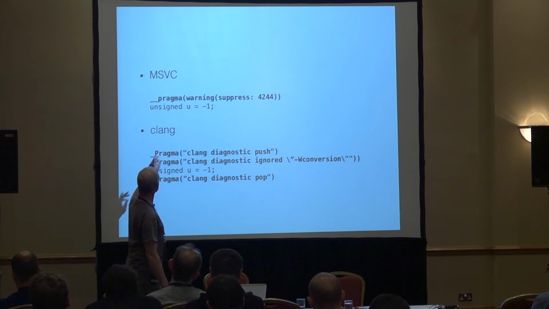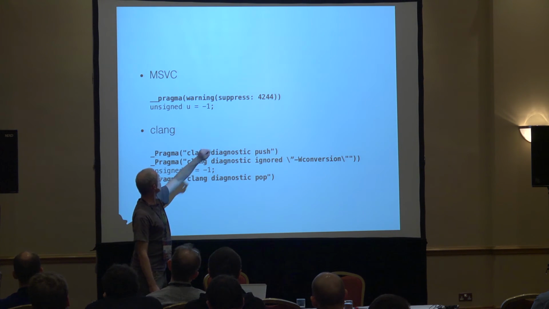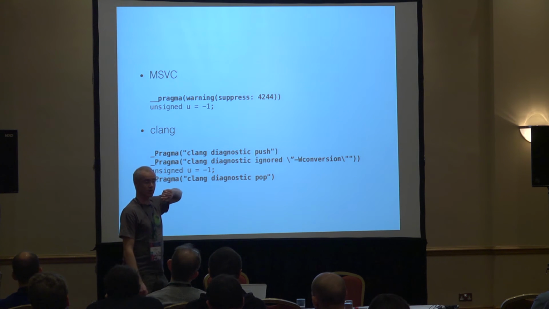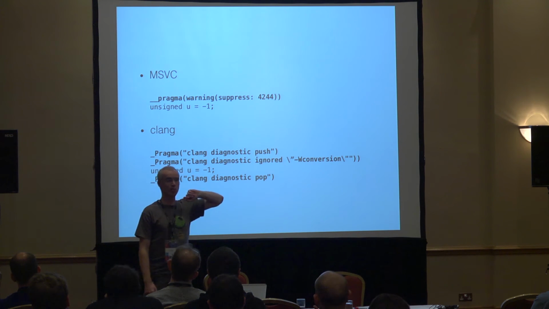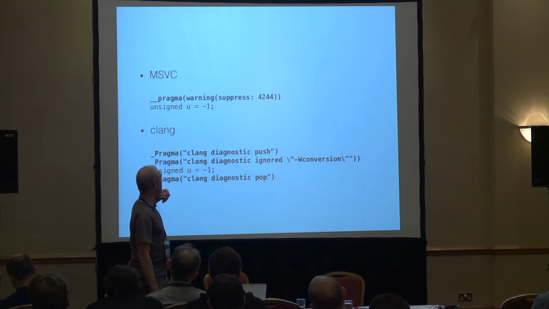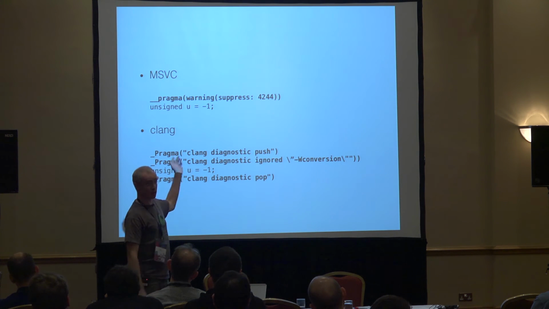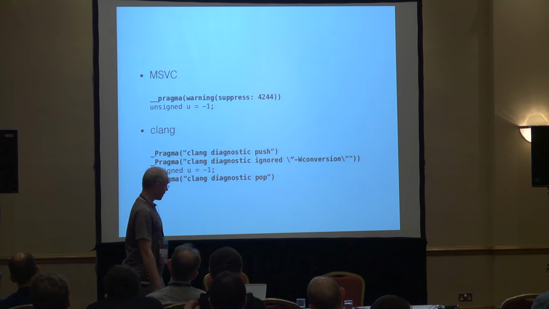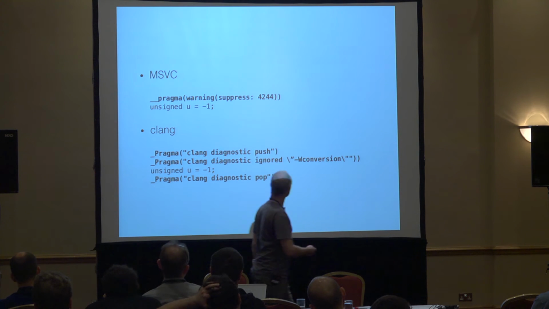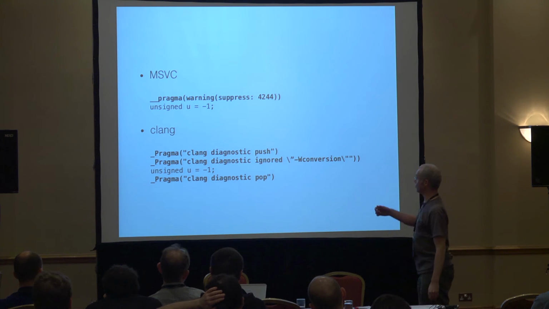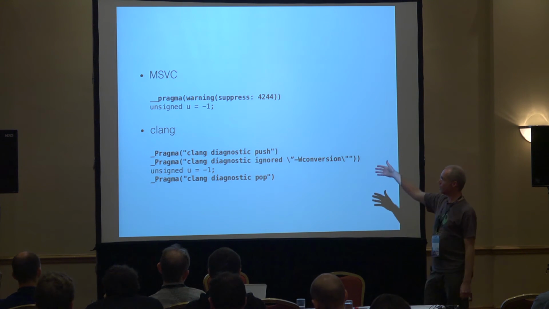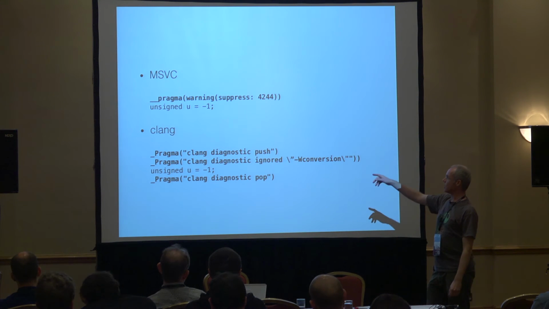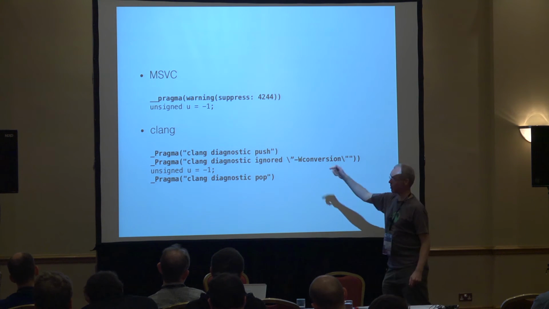So, MSVC has got this handy thing, pragma warning suppress, which does exactly that. It just says, don't warn me about the next one of these, and then re-enables it straight afterwards. Clang sadly doesn't. With Clang, you have to push your warning status, tell it to ignore something, and then pop it again.